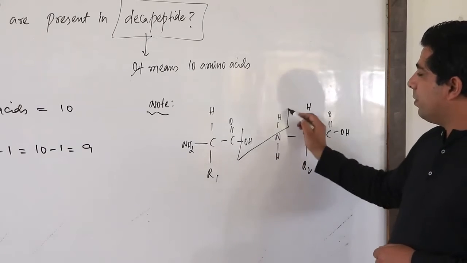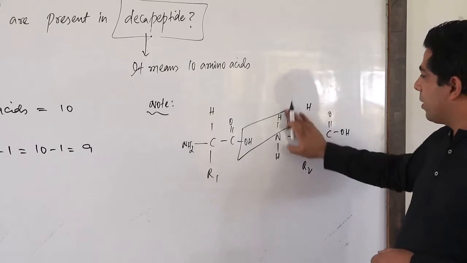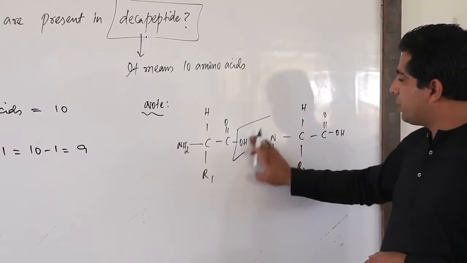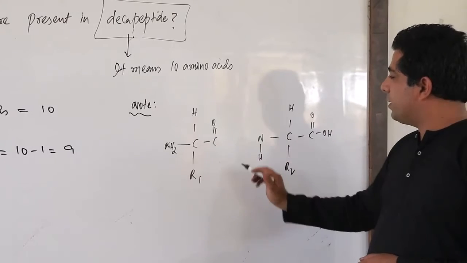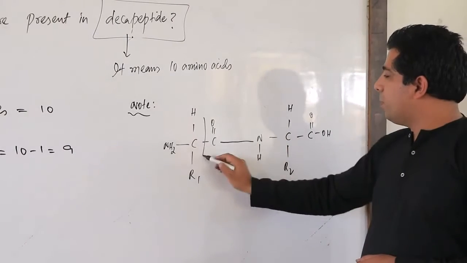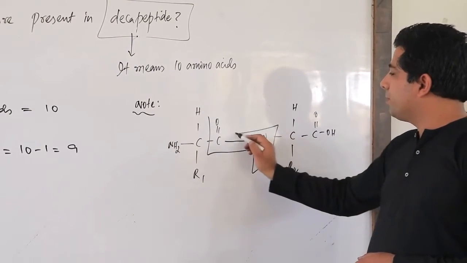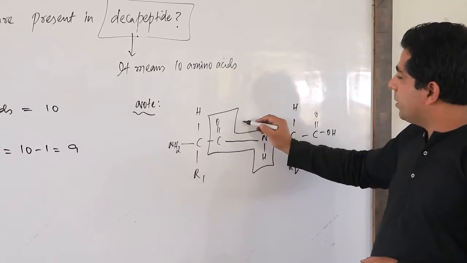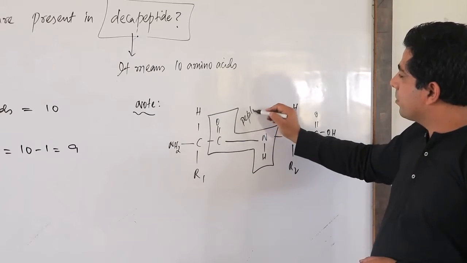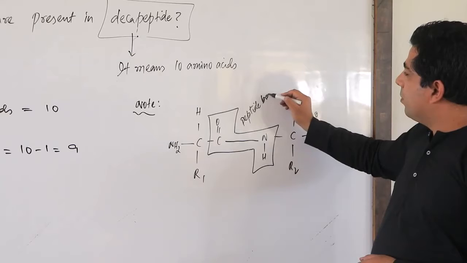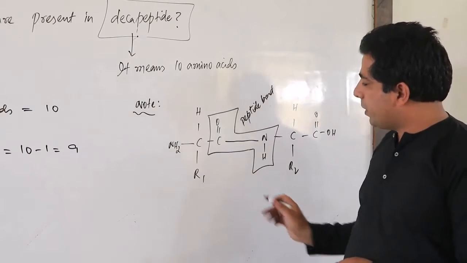Loss of water will occur here. Due to that loss of water, a peptide bond will be formed between 2 amino acids. So this bond is our peptide bond. We have already discussed it.